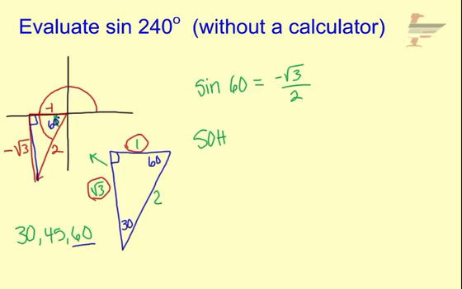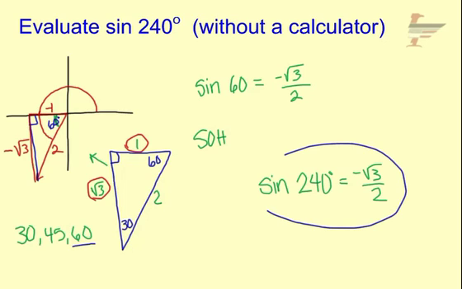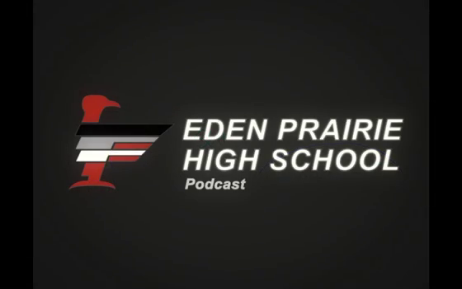We don't have any simplifying to do on that, so that will be our answer, which means the sine of 240 is negative root 3 over 2. And there's our final answer. So what we're doing is using a reference angle to help us get the final answer for theta.